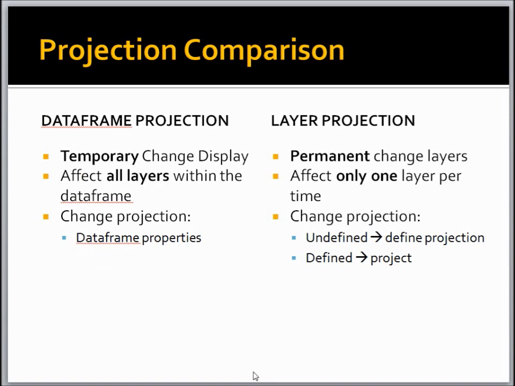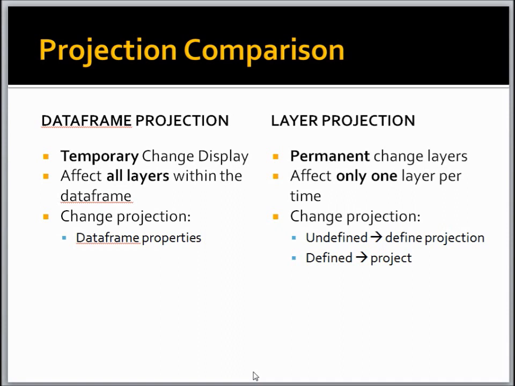The data frame projection provides a temporary change for display. The layer projection provides a permanent change for the layer itself. The data frame projection will affect all the layers within that data frame. With the layer projection, since we are dealing with one layer at a time, it will only affect that specific layer.